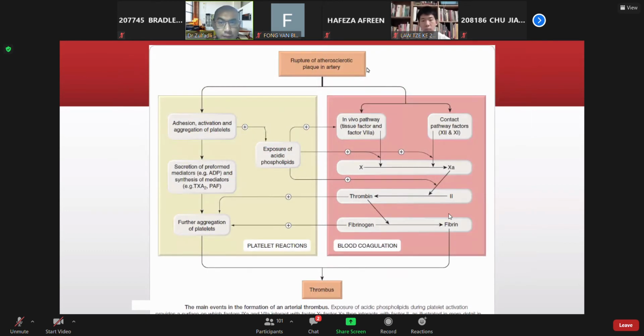This diagram shows you the coagulation pathway. This is the main event in the formation of arterial thrombus. Arterial thrombus means it produces a blood clot, in this case in the event of a wound, if there is vascular injury.